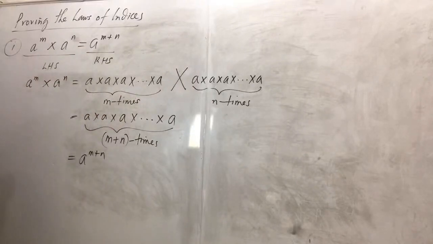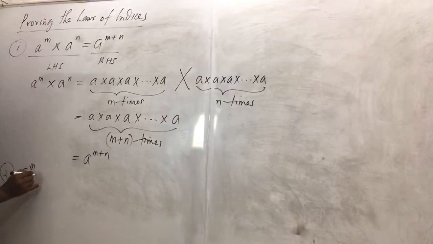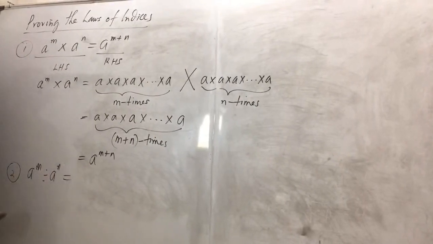Now, what about the subtraction law? For the subtraction law, we have a raised to the power m divided by a raised to the power n. We are going to be using similar logic.